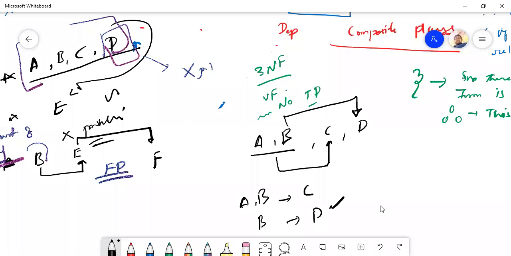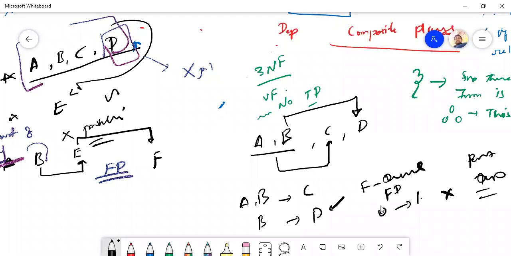So it is functionally depending, but that is partial dependency. Partial dependency we don't talk about in the first normal form. So from 0 to 1, we don't talk about partial dependency. Here we talk about functional dependency only. You don't need to check partial dependency there.